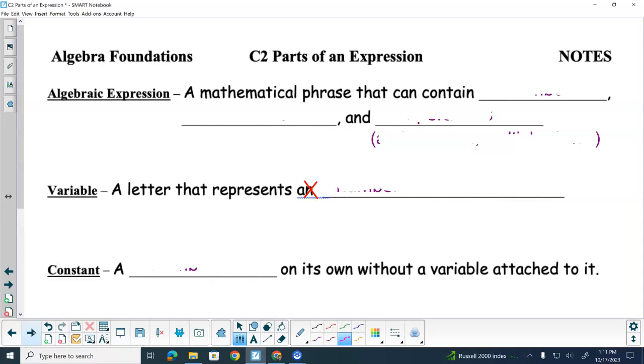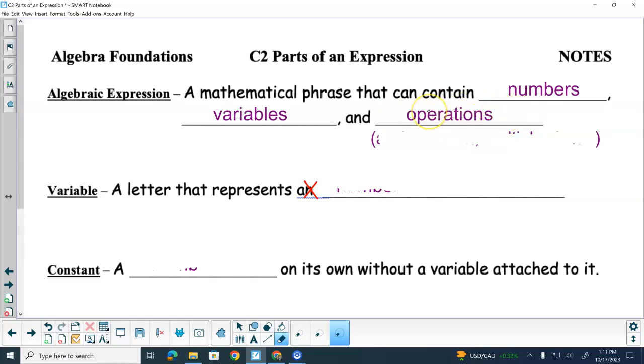An algebraic expression is a mathematical phrase that can contain numbers, variables, and some kind of operations. Those operations are all of them that we talked about yesterday: adding, subtracting, multiplying, and dividing.